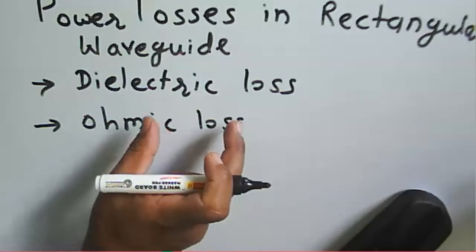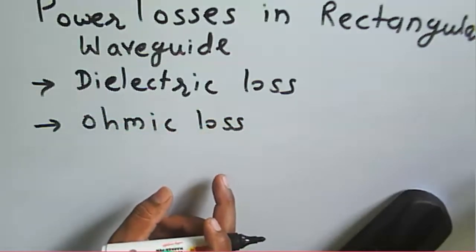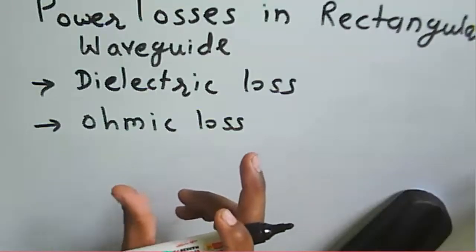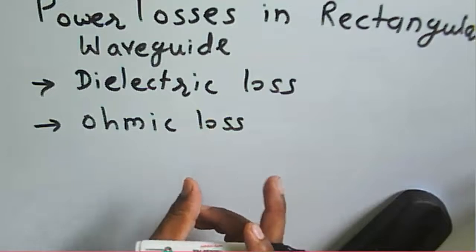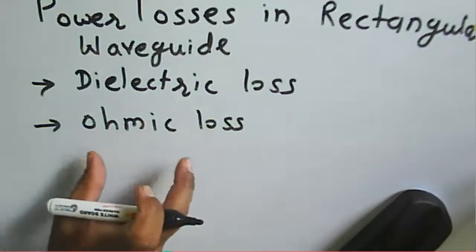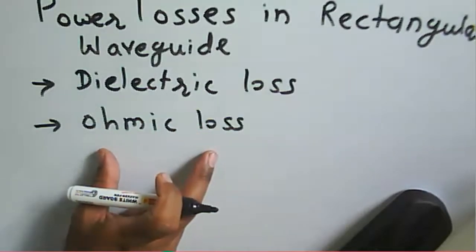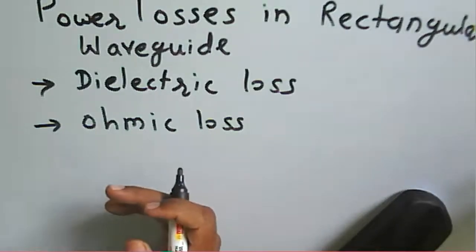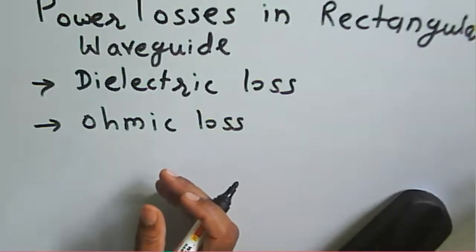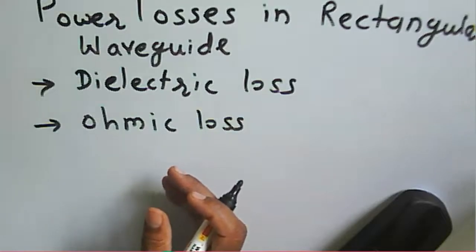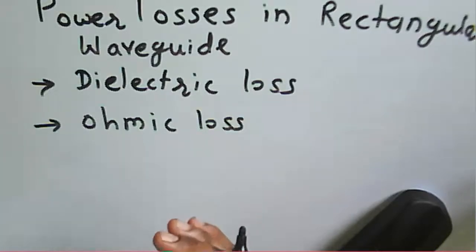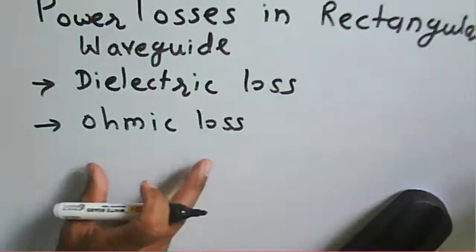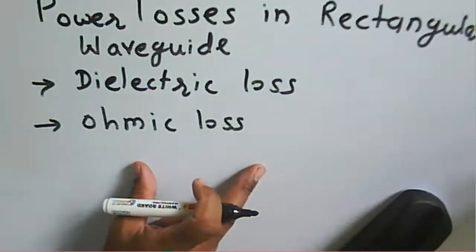Dielectric loss means the loss due to whatever dielectric medium we consider when the wave is propagating in the guide. And the ohmic loss is about the rectangular waveguide's internal walls of the guide being conducting. So there are losses in the guide walls, waveguide walls. That is called the ohmic loss.